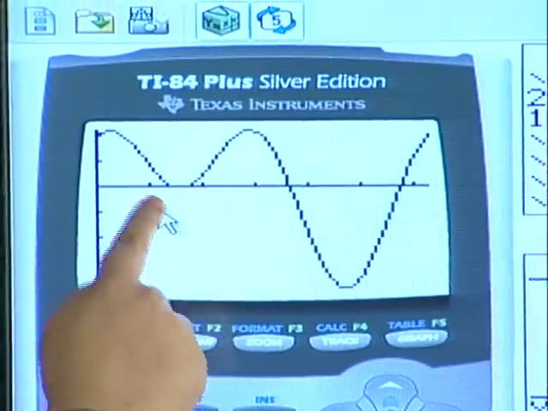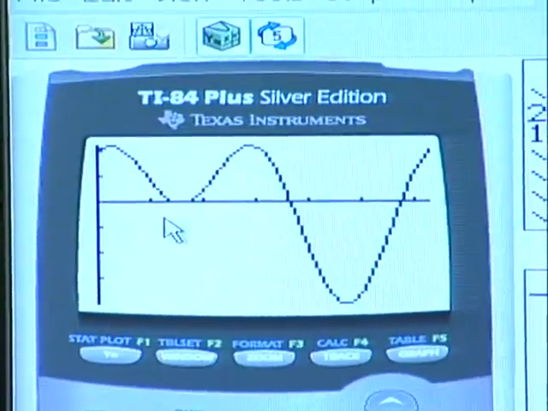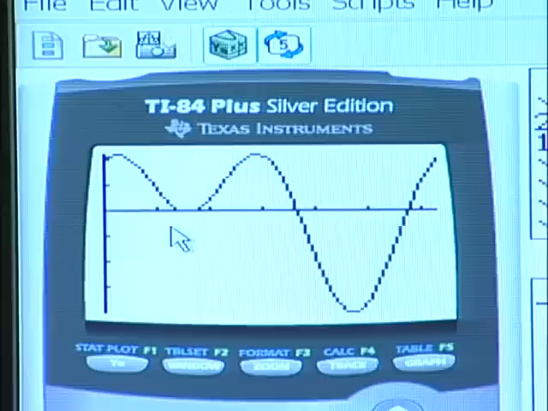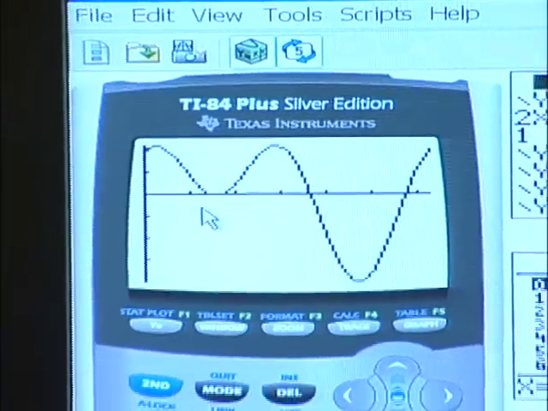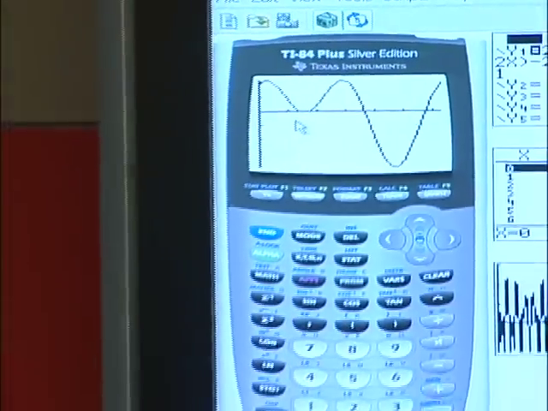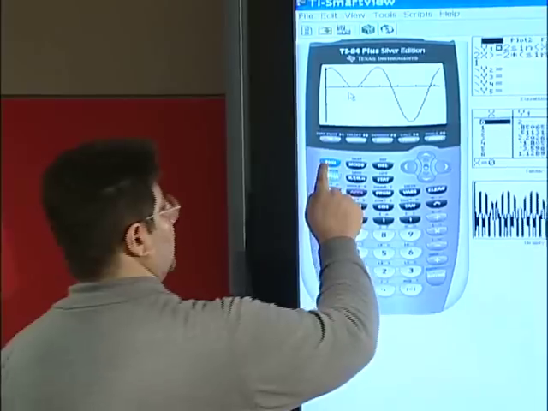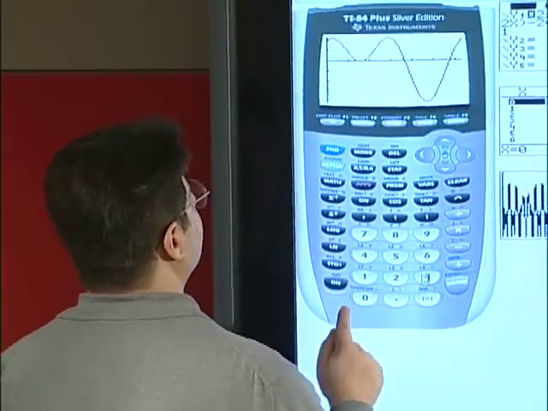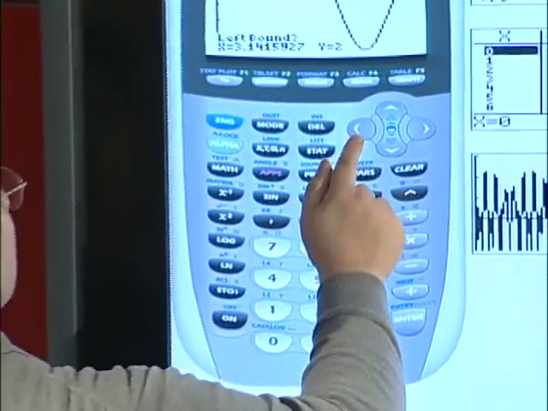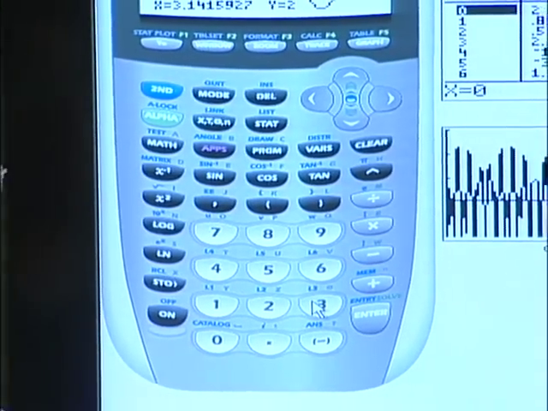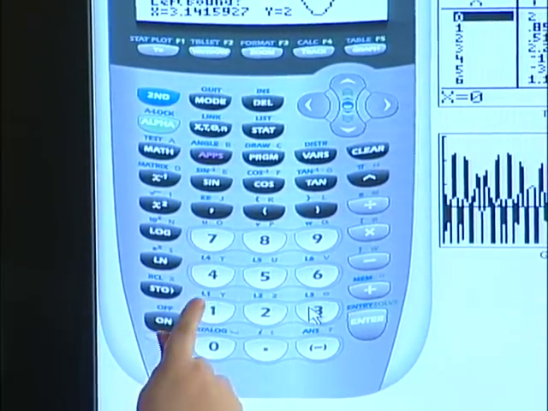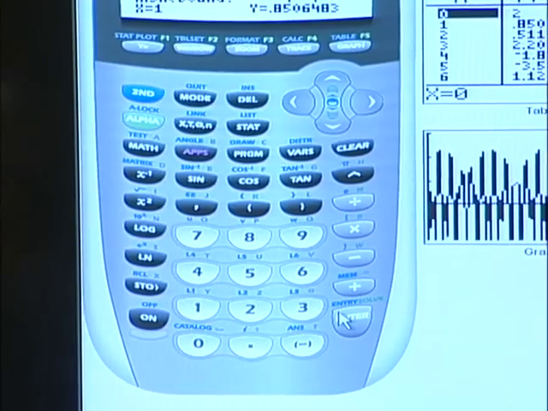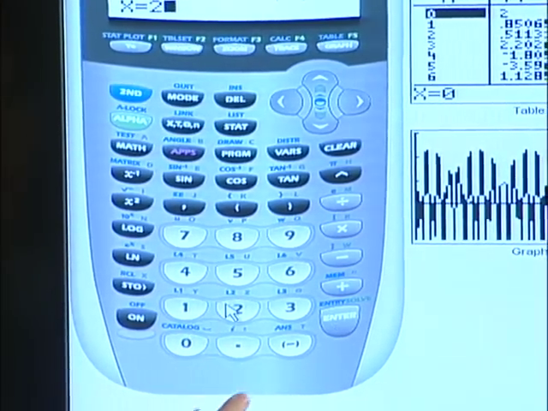In order to find the first one, we will be using the calculate minimum because the function appears to be tangent to the x-axis. Calculate minimum. We will specify the left and right bounds. 1 is a good choice for the left bound, and 2 is a good choice for the right bound.